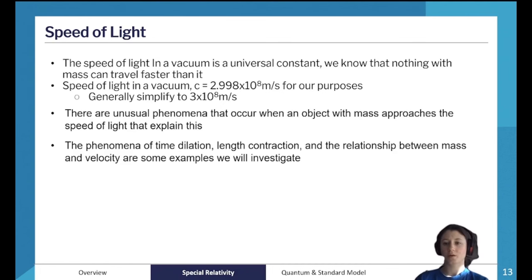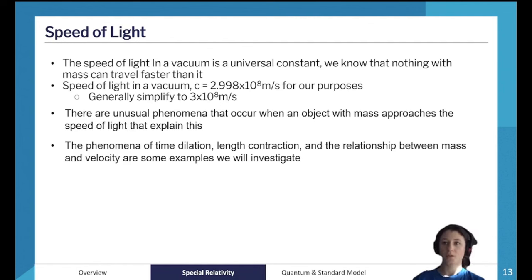So there is an unusual phenomenon that occurs when an object with mass approaches the speed of light. Okay? And this explains why nothing with mass can travel at or faster than the speed of light.